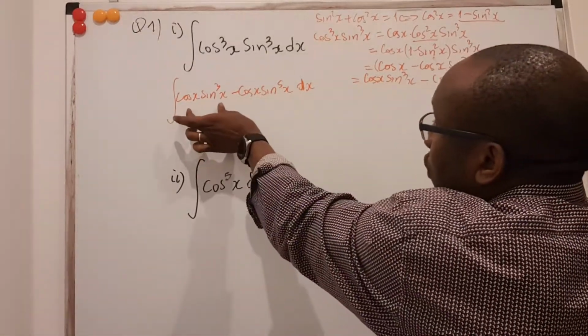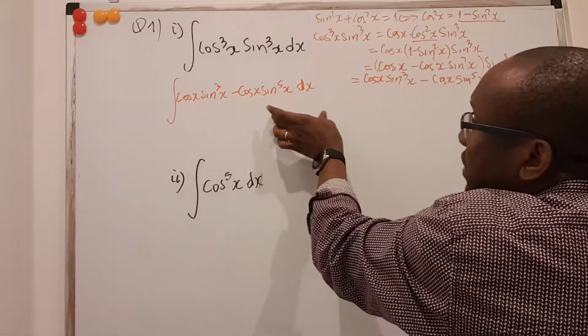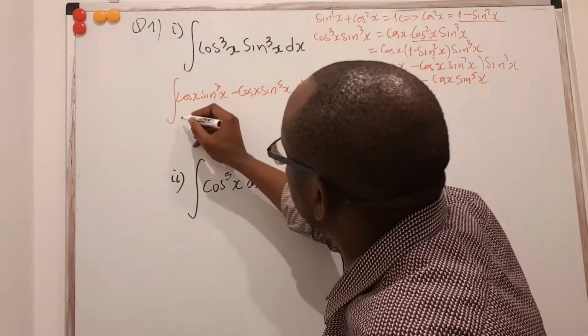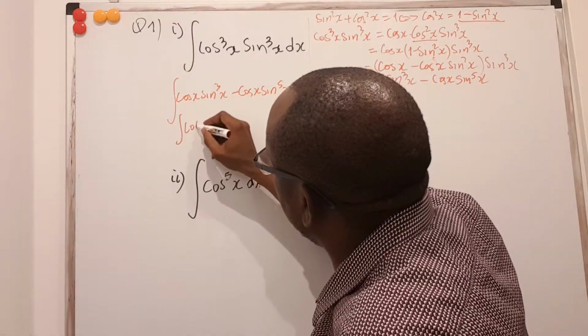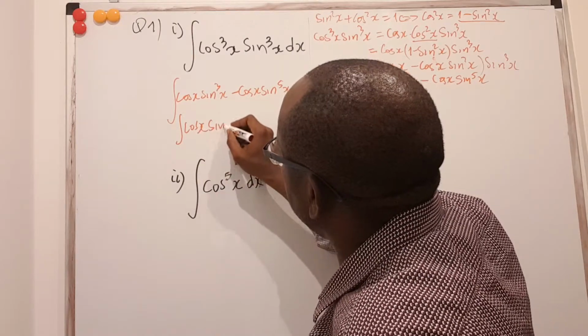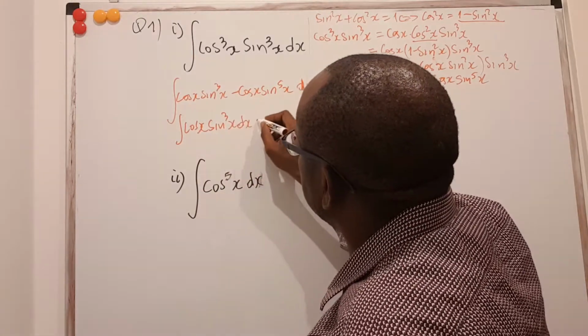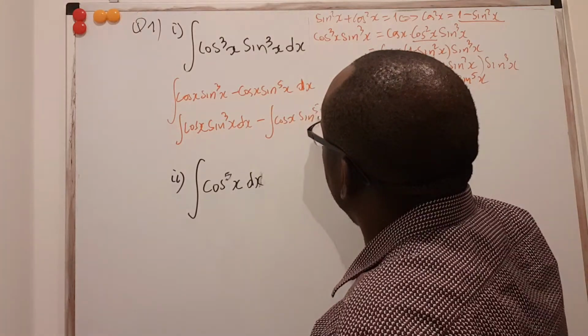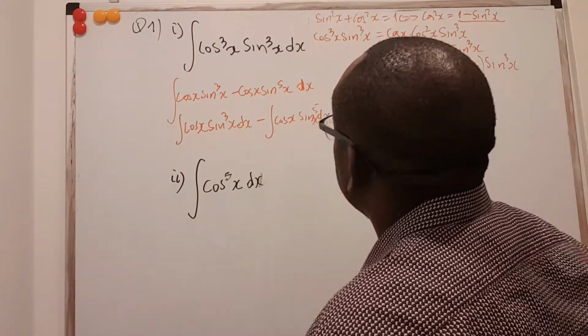In order to do that, of course, we can actually split out this integral. The integral is distributive with addition and subtraction, so this can become the integral of cos x sine cube x dx minus the integral of cos x sine to the power 5 x dx.